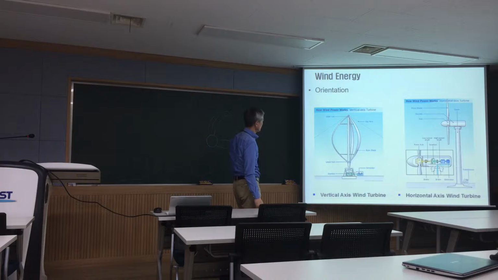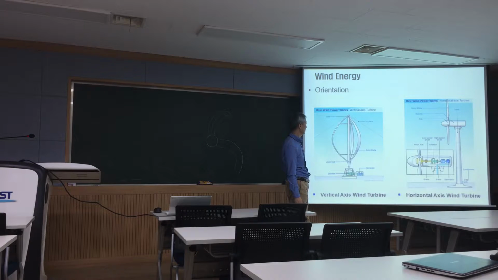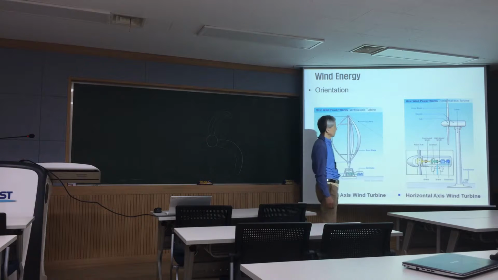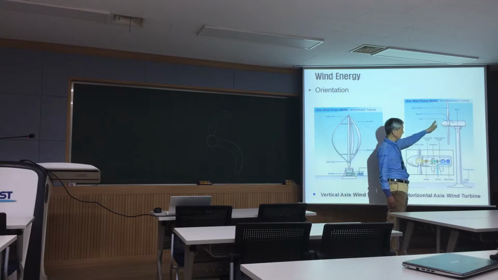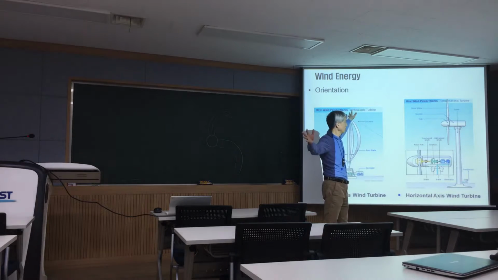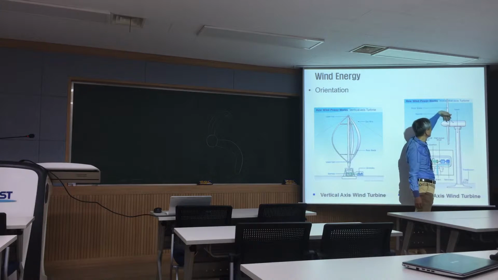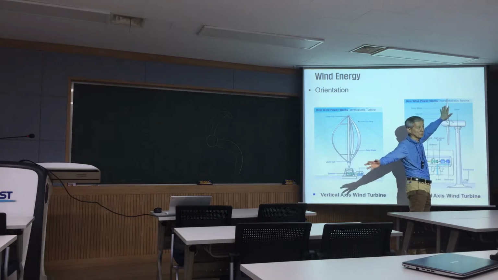And orientation, the axis of rotation. This is a vertical axis. It's not typical, not famous nowadays. Nowadays, most of them are horizontal axis. But as systems get bigger and bigger, the size of one blade is now bigger than 50 meters, and the total diameter is more than 100 meters, very big.